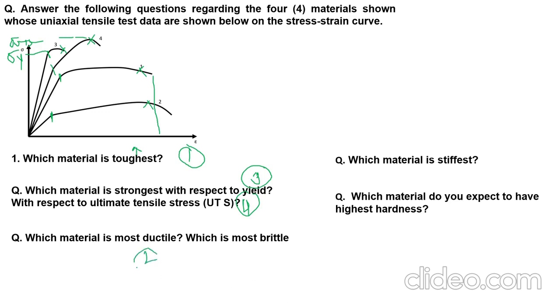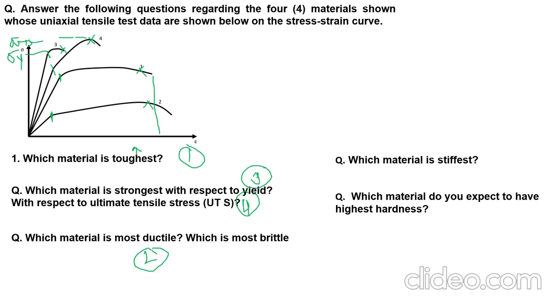And what do you say about a material which is more brittle? Brittle is something where the material has not endured a large amount of plastic deformation. That means you give it a plastic deformation, but it just fractures. It does not undergo a large straining.